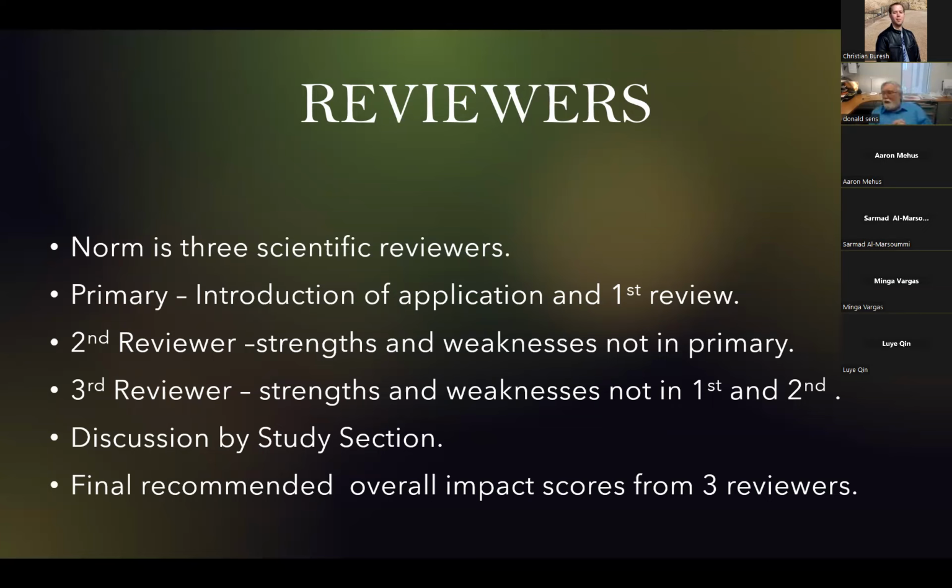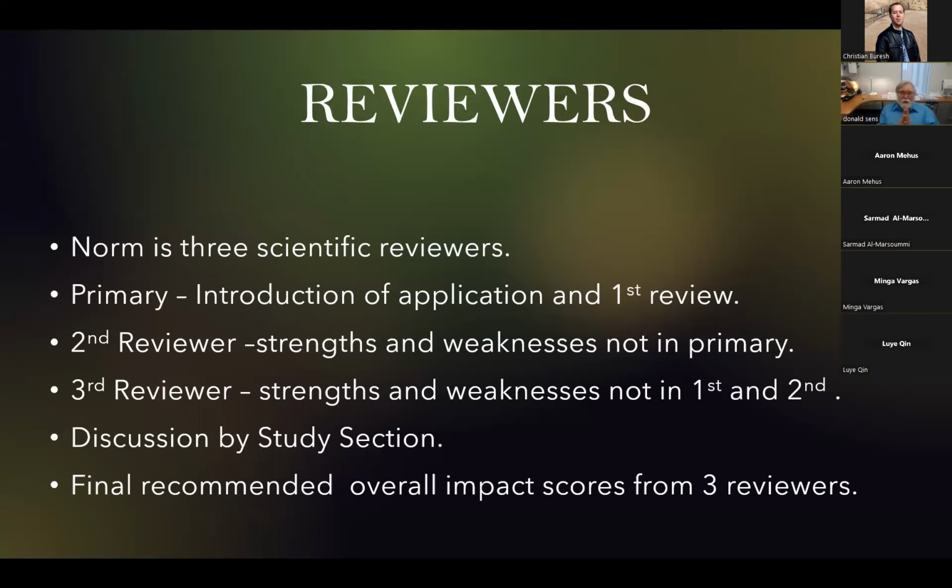Then your primary reviewer gives an introduction to the application, summarizes his or her strengths and weaknesses, and essentially presents this application in line with that impact score: major weaknesses, minor weaknesses, strengths, a good overall view of the application.